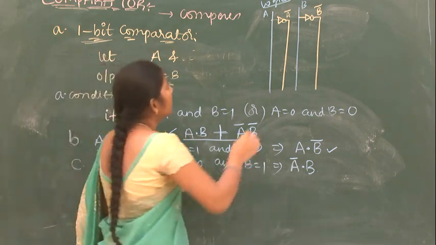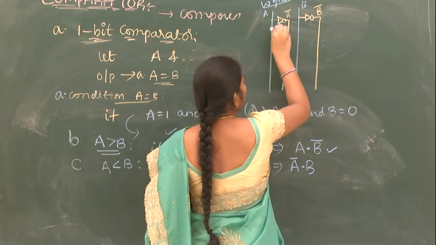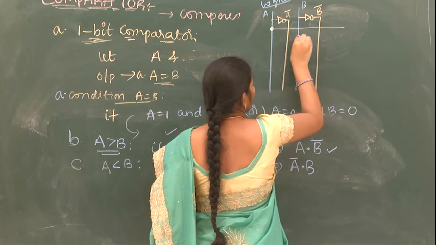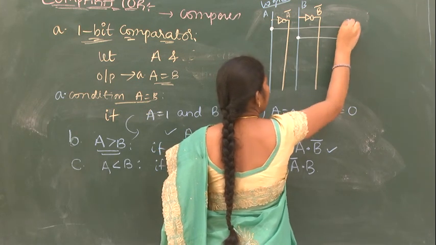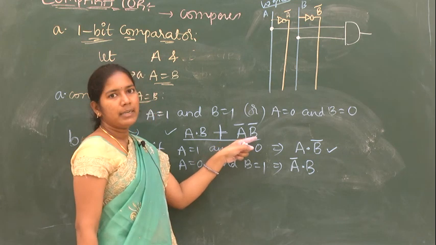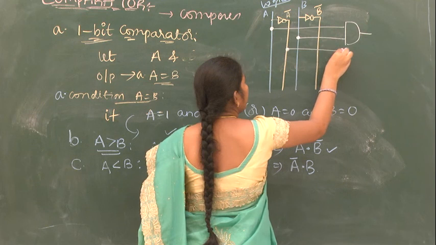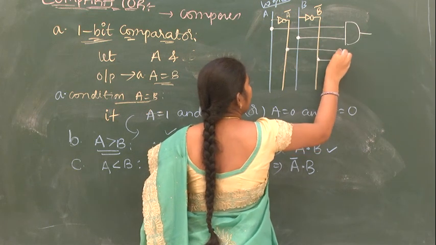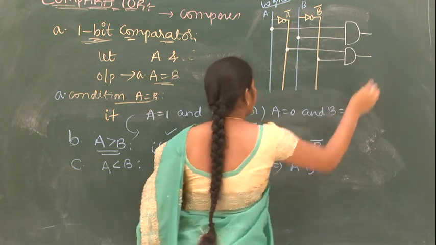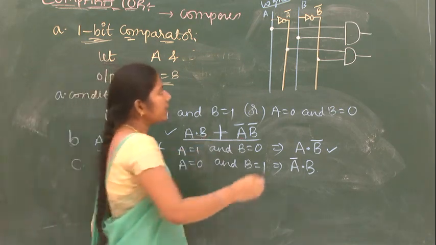AB means A and B is given to an AND gate. And next one is what? A bar and B bar is also given to an AND gate. And these two terms are ORed together.